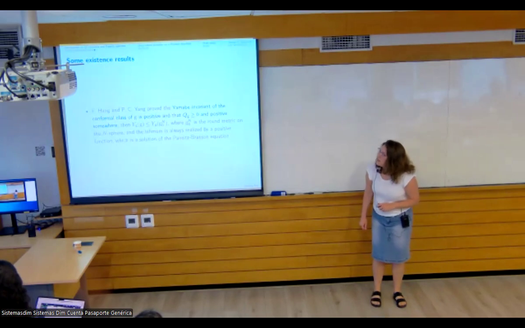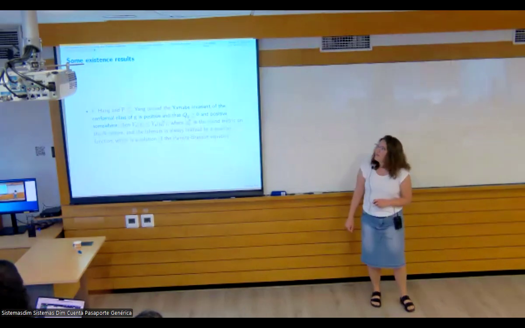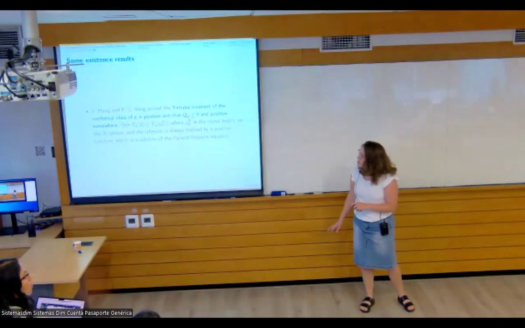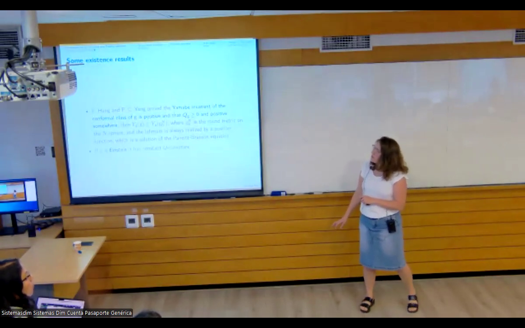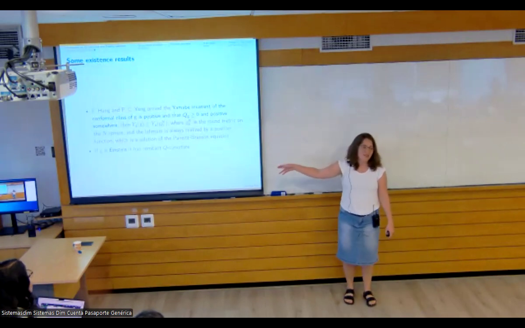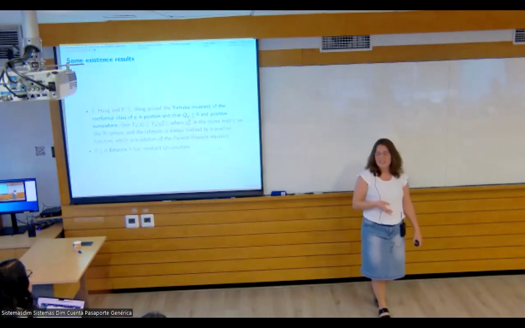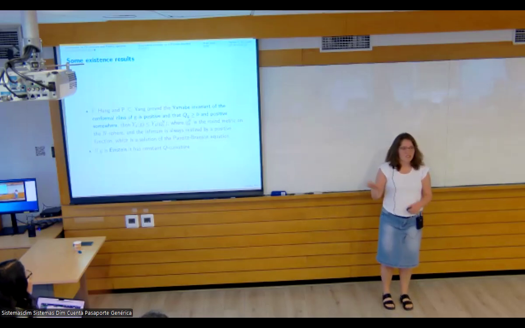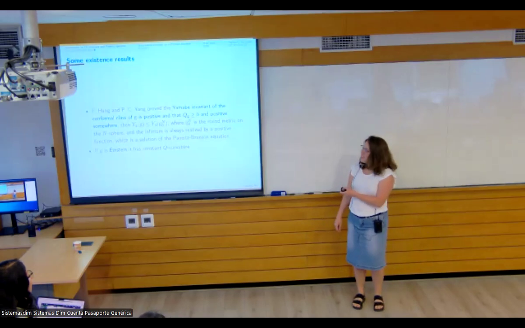There is another existence result here, but under the same or almost the same conditions. And an easy case is when g is an Einstein metric, it has constant Q-curvature. It can be an easy exercise.